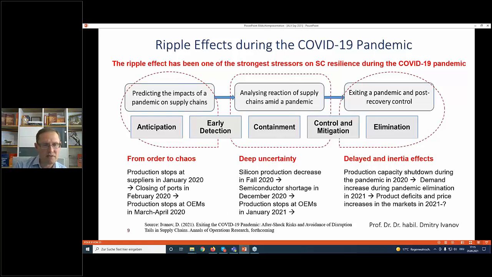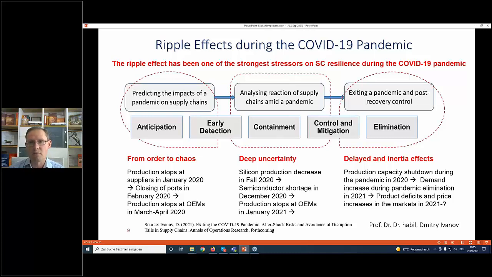From the beginning, we have seen first ripple effects, say, in January 2020, when suppliers and factories in China stopped working. Then we have seen subsequent closure of ports in February 2020 and associated propagation of these disruptions to the OEMs in Europe and in North America in March and April 2020.